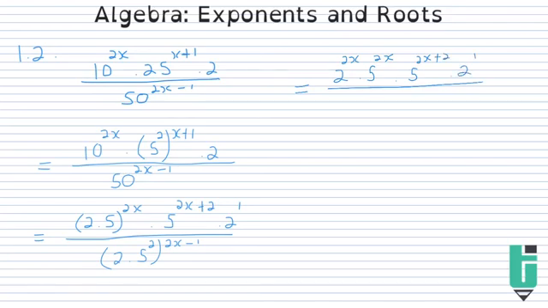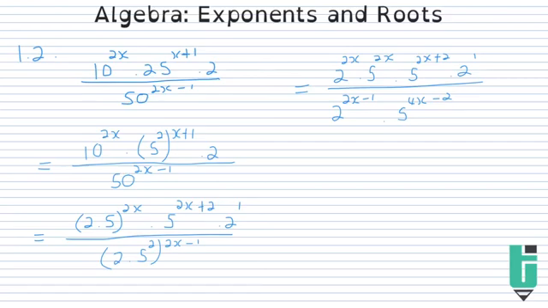At the bottom it will simplify to: we have 2 times 5 to the 2 in brackets raised to the power 2x minus 1, so we'll distribute the 2x minus 1 onto the 2, so we'll have 2 to the power 2x minus 1 multiplied by 5 to the 2 times 2x minus 1, which becomes 5 to the 4x minus 2. Awesome. And now we can definitely see that we have a common base of 2 and 5.